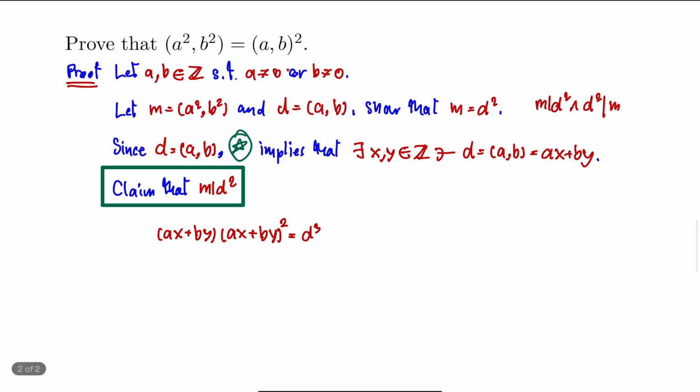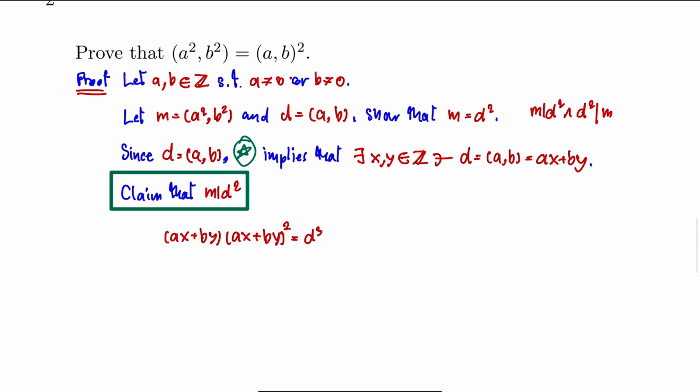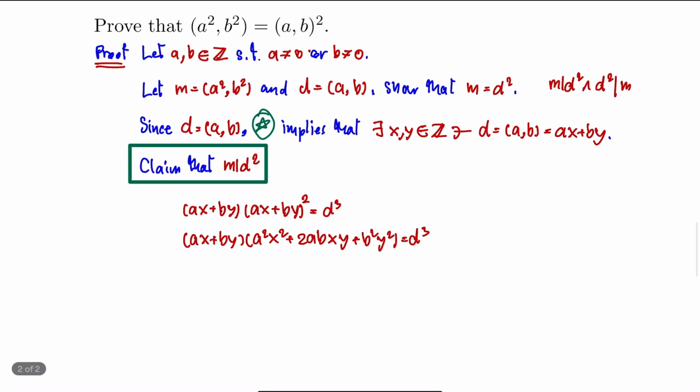So what do we have right here? We have ax plus by times a square x square plus 2abxy plus b square y square, which is d cubed. And then what's next? We distribute all of these terms. We distribute the term ax into each term.